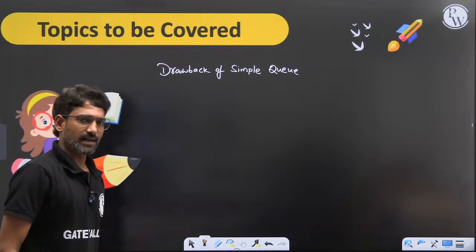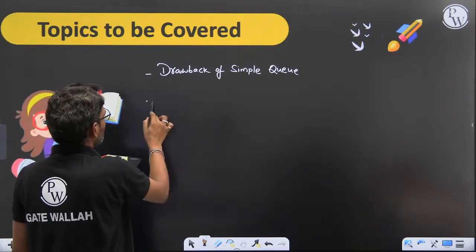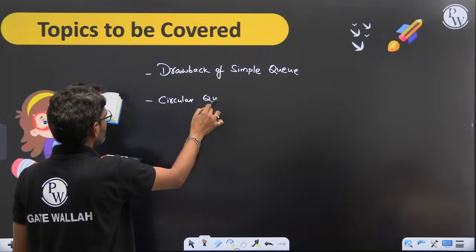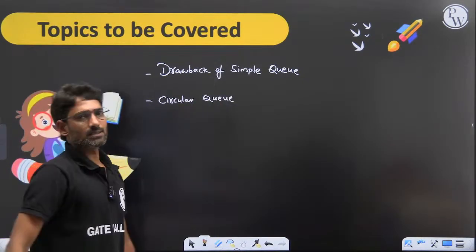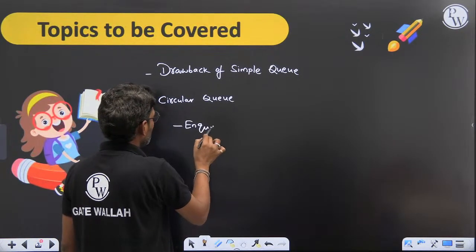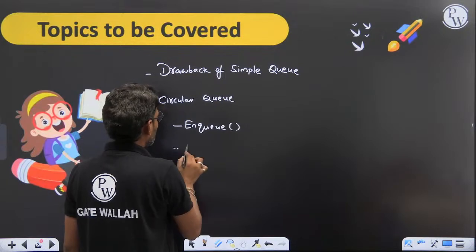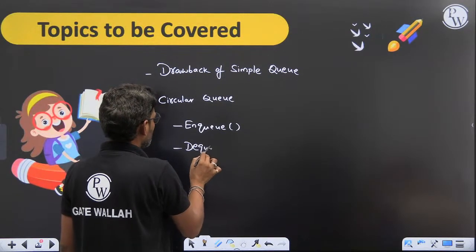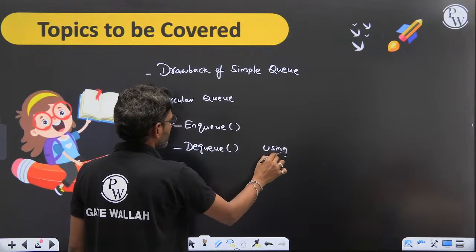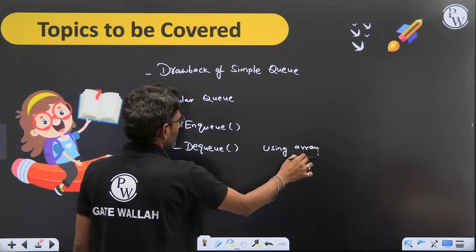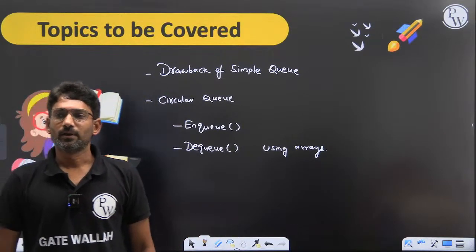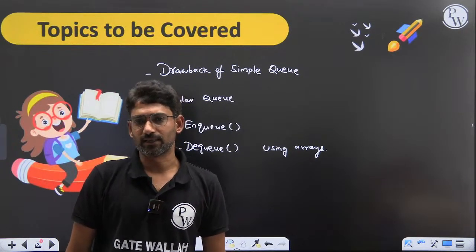Once we understand the drawback, then we move on to the circular queue, and how we can implement the enqueue and dequeue operations using arrays. Yes, Nishu, let us try to understand that.